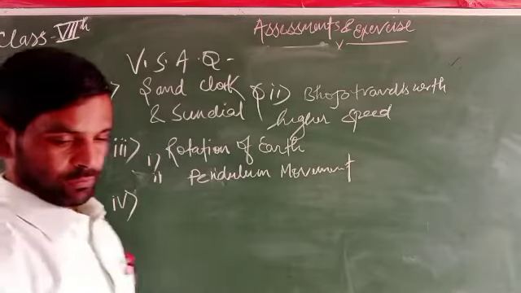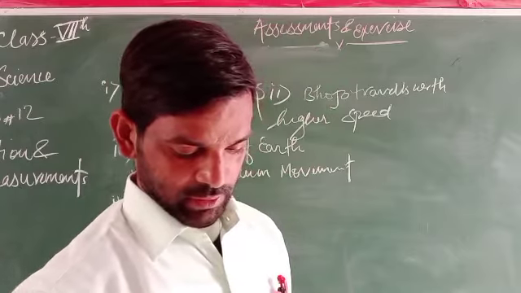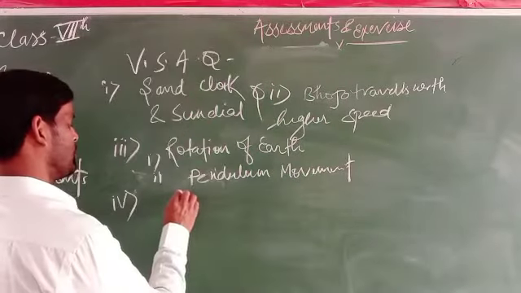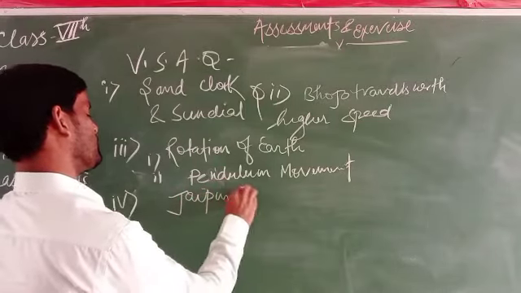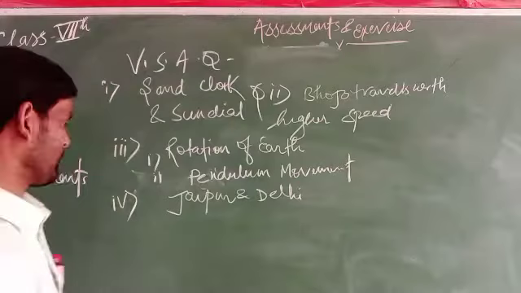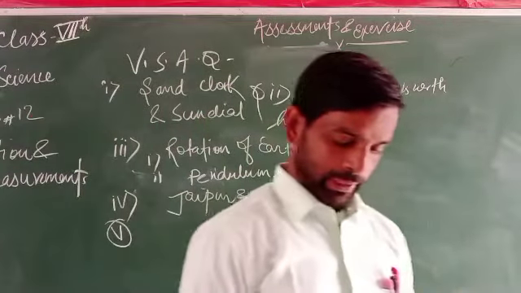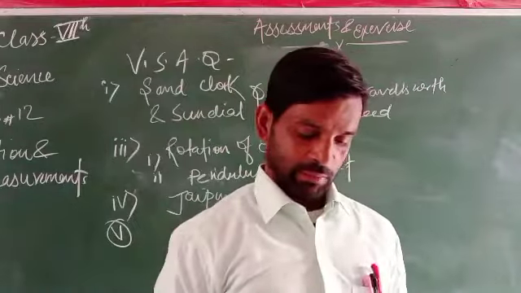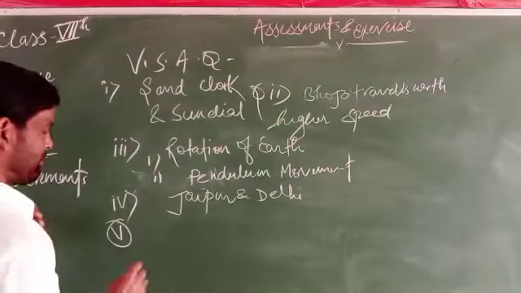Now answer number 4. Name two places in India where sundials are located. Jaipur and Delhi. Question number 5. What kind of watch is used to measure the time in an athletic meet?